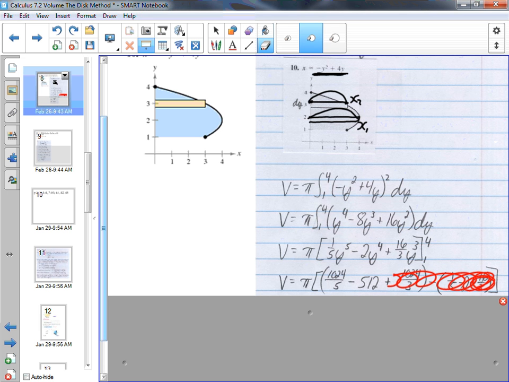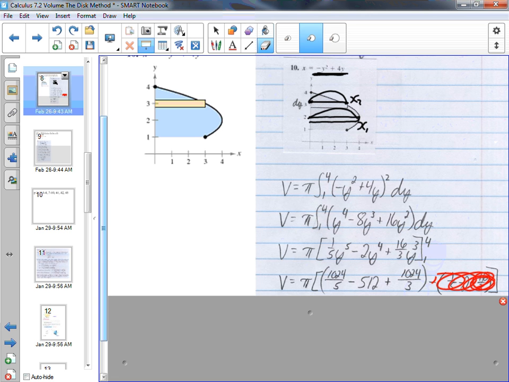And 4 to the 3rd times 16, hey, wouldn't that have to be the same thing as 4 to the 5th? So 1,024 again. This time it's over 3. That's what we get when we evaluate for 4.